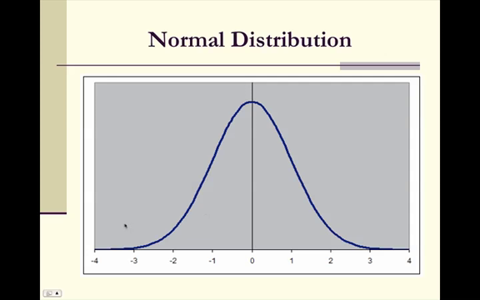Normal distribution, this is called a normal curve. This right here is your center. Standard deviation comes out to the right, comes out to the left. And this normal distribution, pretty much all scores on tests correspond to something like this. You have your large center and the average. Most people are average. You have a few select few that score really well, and you have some that score not so well.